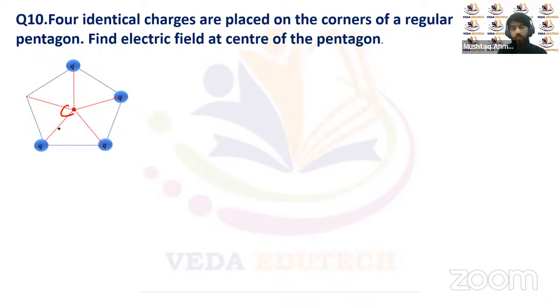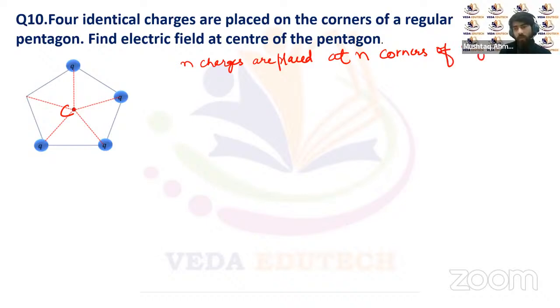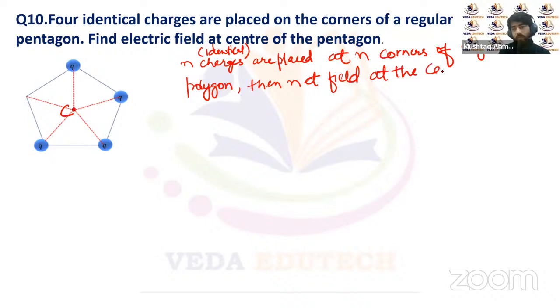And we know one important property: if n identical charges are placed at n corners of a regular polygon, all these charges should be identical, then the net field at the center is always equal to 0. So the net field at the center will be equal to 0.